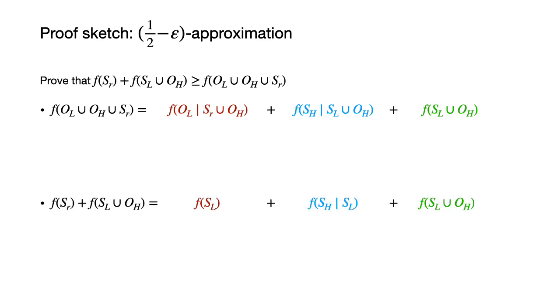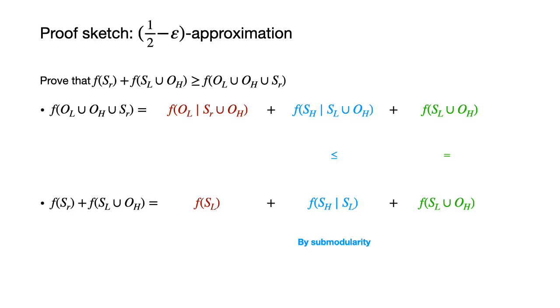Similarly, we decompose the left-hand side into three terms. We keep the last term as is and decompose the value of SR into the value of SL and the marginal value of SH on top of SL. Now to prove the inequality, it suffices to show that for every column, the term on the top is upper bounded by the term at the bottom. For the last column, this is obvious, and for the second column, this follows from submodularity.